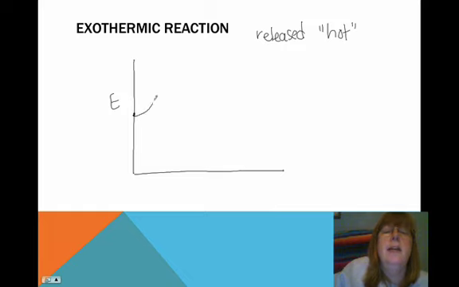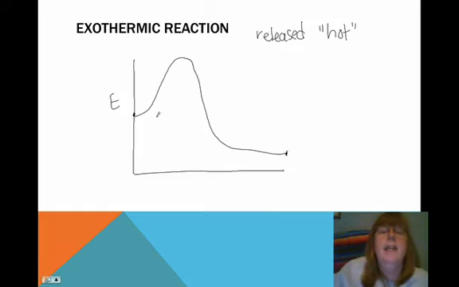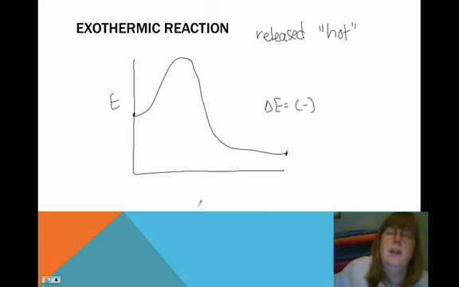And then in an exothermic reaction, we still have that activation energy. We have to get to the top of the hill. And then here is the energy of our products. Again, here our delta E is going to be negative. This is an exothermic reaction. Our products are at a lower energy than where we started.